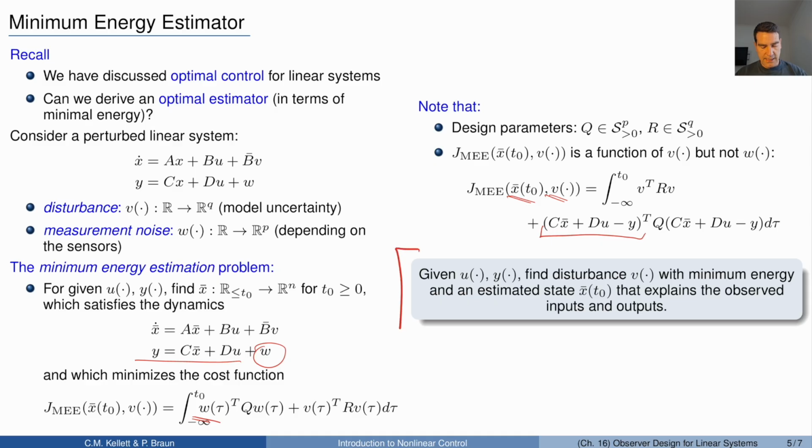So the interpretation of this cost function is given here. Given U and Y, find the disturbance V with minimum energy and an estimated state that explains the observed inputs and outputs best under the assumption that our system evolves according to these linear dynamics.